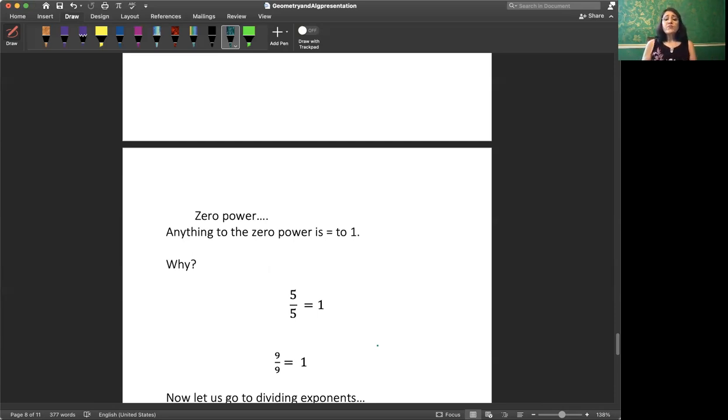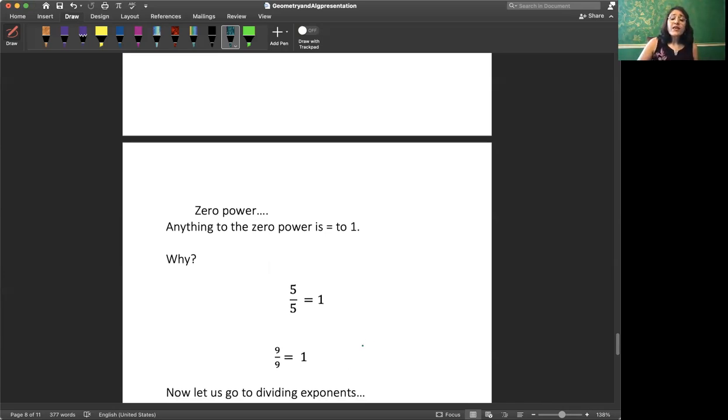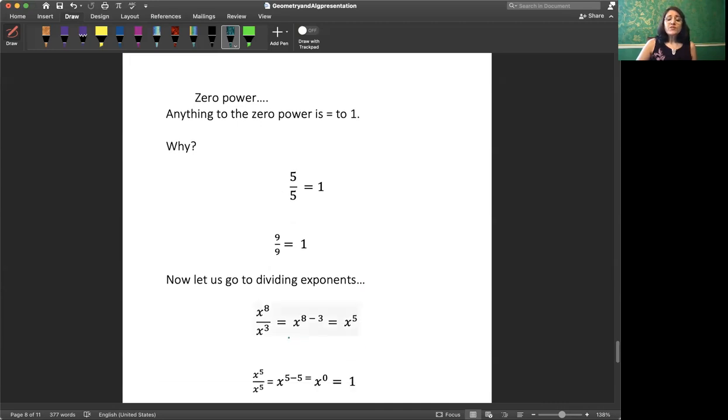5 divided by 5 is 1. 3 divided by 3 is 1. 9 divided by 9 is 1. So anything divided by itself is 1. So remember, when we divide exponents, let's connect the two, keeping this in mind about anything divided by itself is 1. When we divide, we subtract if the bases are the same.